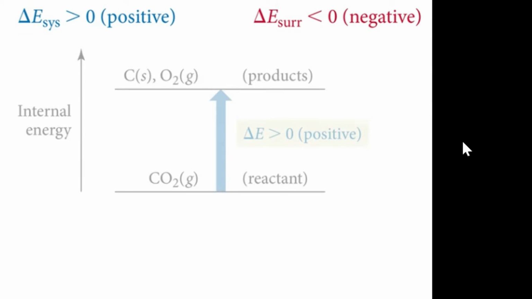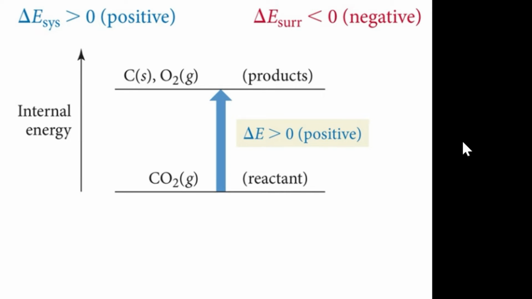So when we look at the opposite end, let's say, for instance, that we reverse this reaction. Let's say that we decompose carbon dioxide to form carbon and oxygen. What are we going to see here? Well, if we reverse it, the CO2 is going to form the products in this instance.